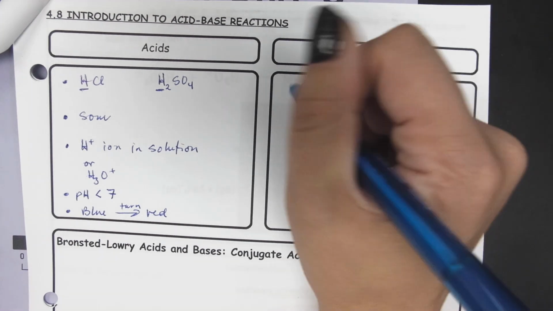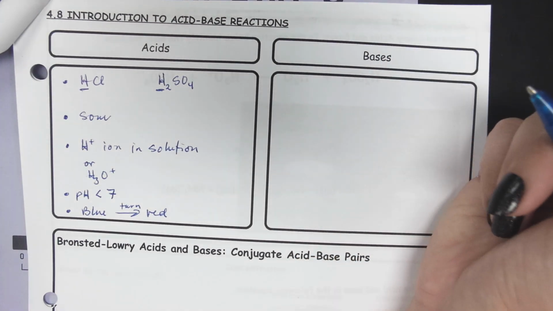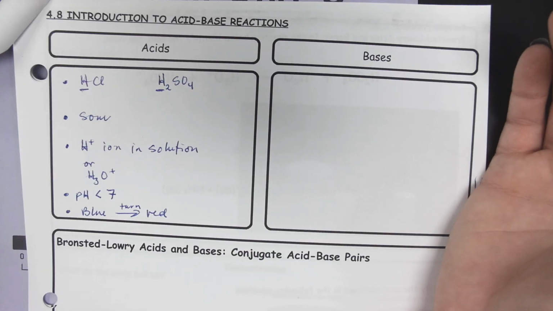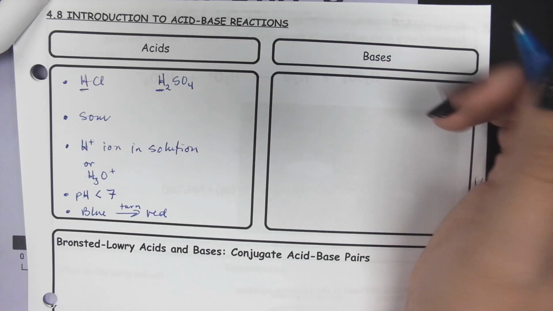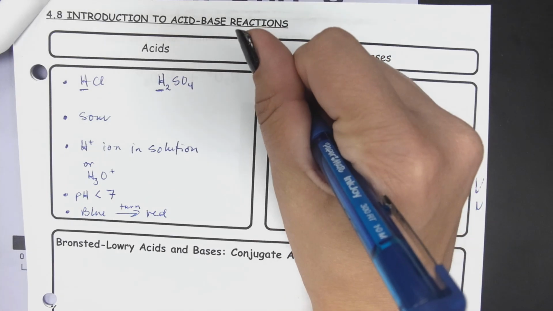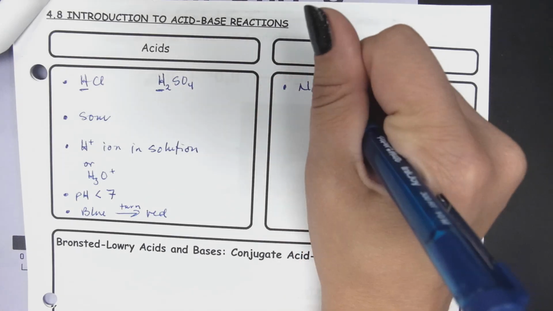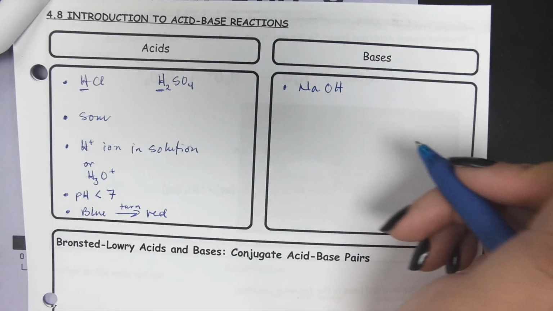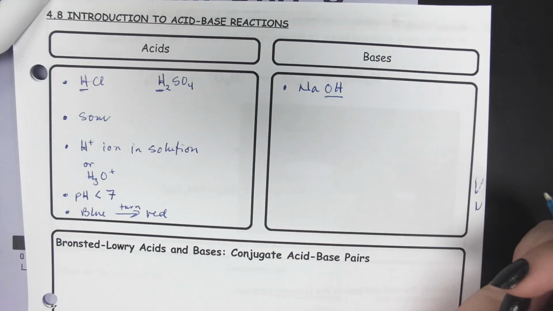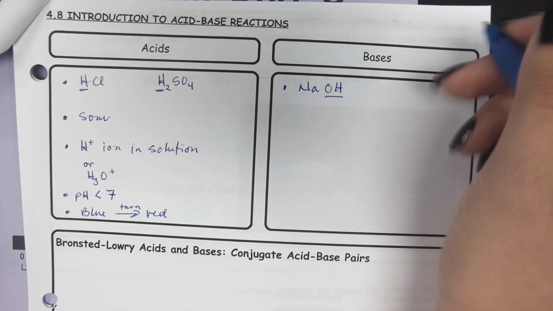Okay, now onto the bases. So for a base, in the chemical formula, it often ends with the polyatomic ion hydroxide, or OH. It's actually OH-, but we usually see it combined with a metal, so sodium hydroxide. This is a base, and what indicates to me that it's a base is that it has hydroxide, OH, at the end.